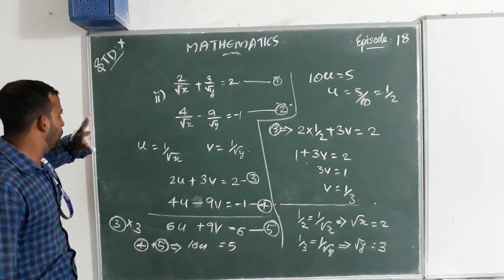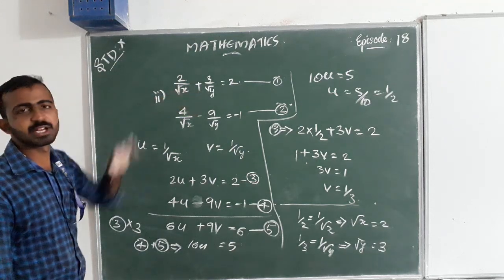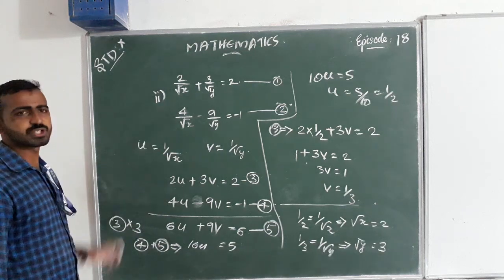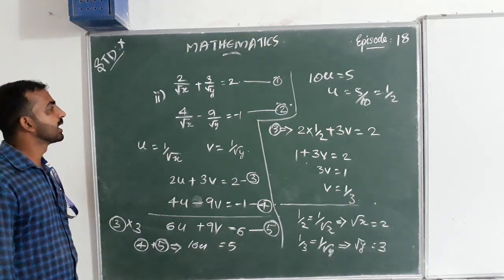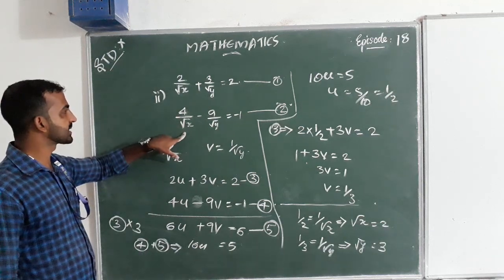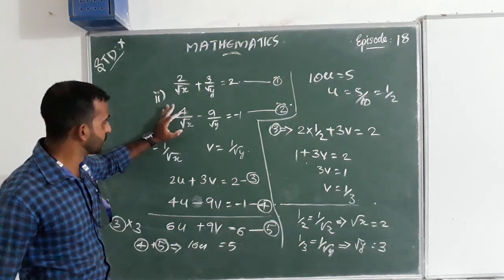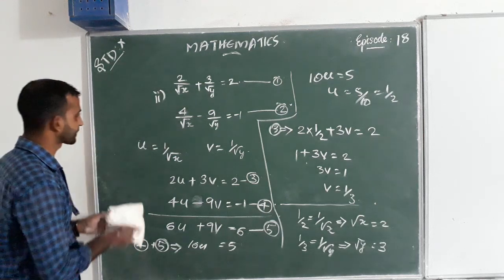That is 1 plus 1 we get 2. We can also check 4 by 2. Root x means 2, so 4 by 2 we get 2.